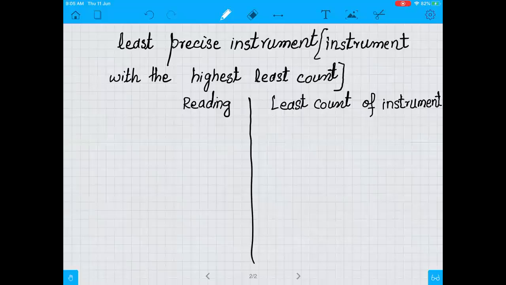You have a number 1234.22, then you have another number 0.0015, then you have another number 0.2.